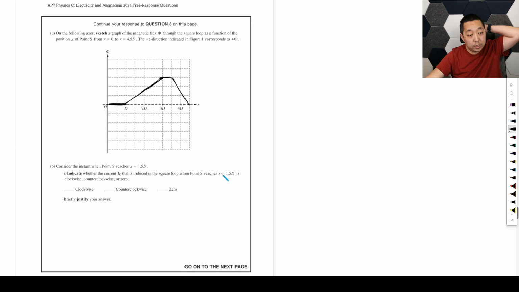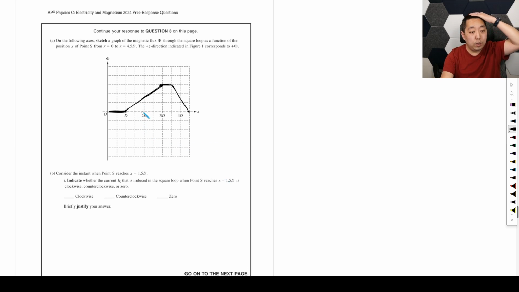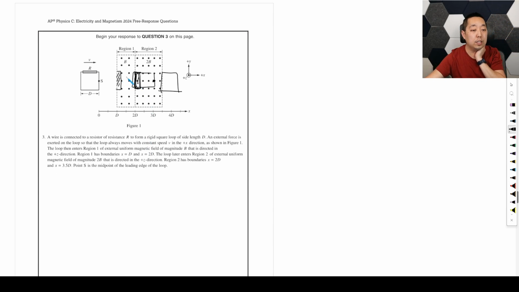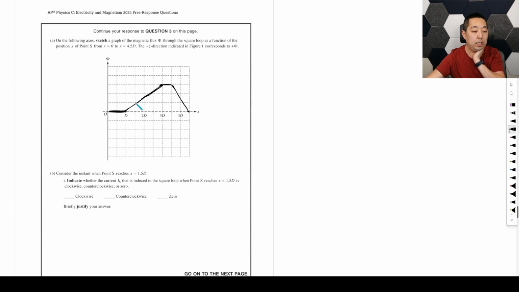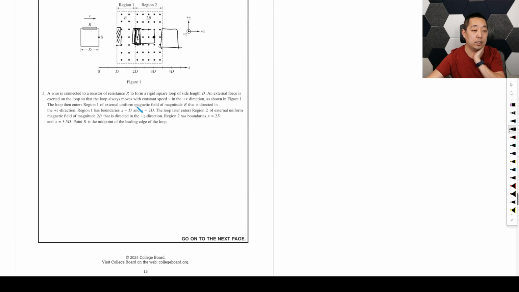All right, consider the instant when point S reaches 1.5D. So like right around here. 1.5D on this picture is going to be like, it's like halfway in, right? Indicate whether the current in the square loop is clockwise, counterclockwise, or 0. Okay, so the flux is increasing out of the page, right?